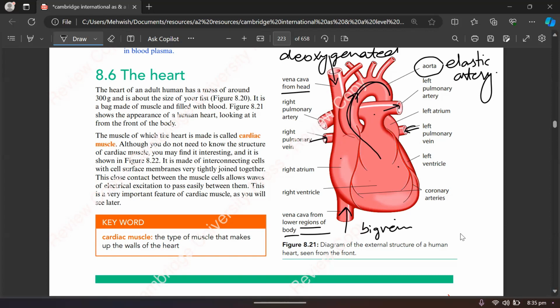That's why it is called an elastic artery, because it is receiving blood directly from the heart. It is resisting more pressure, as you just said. And it is not near to the other organs. That's why it's an elastic artery.